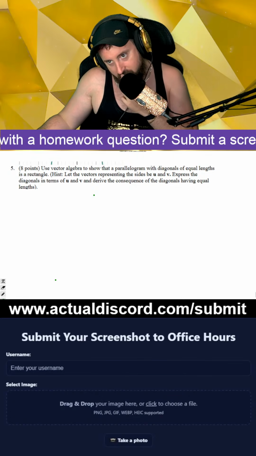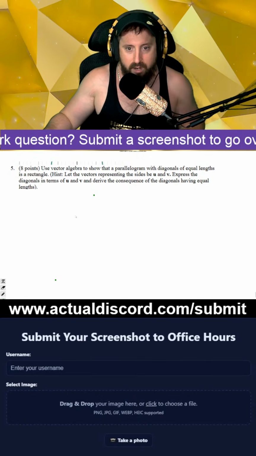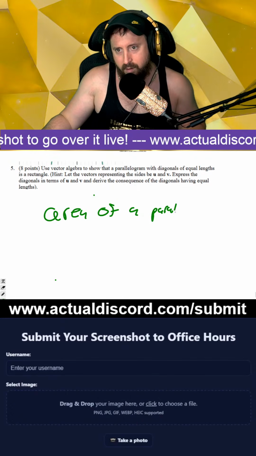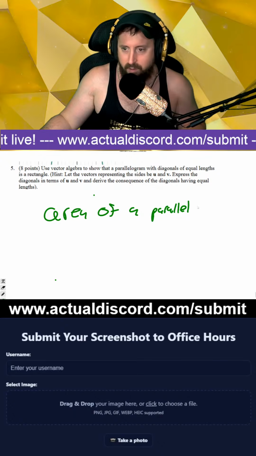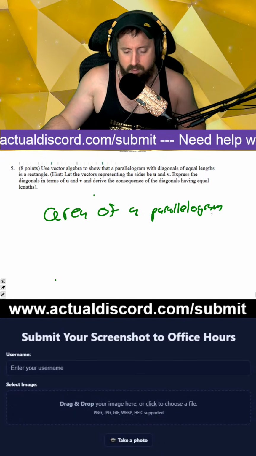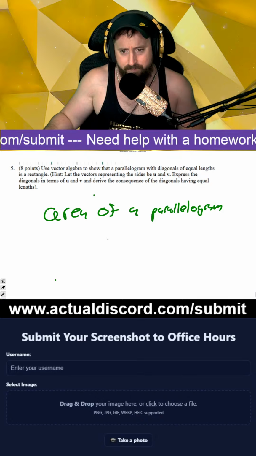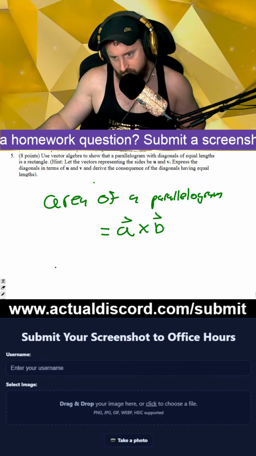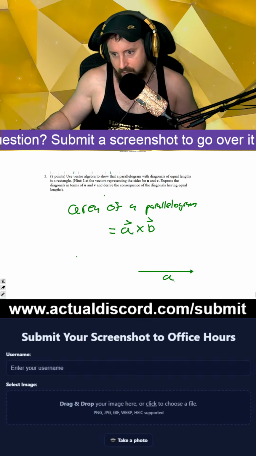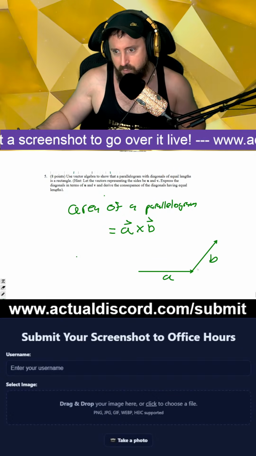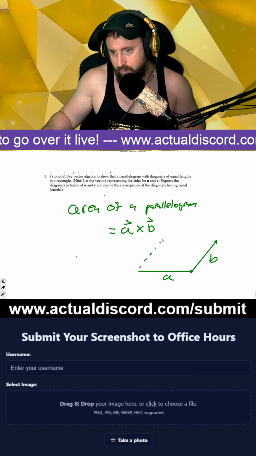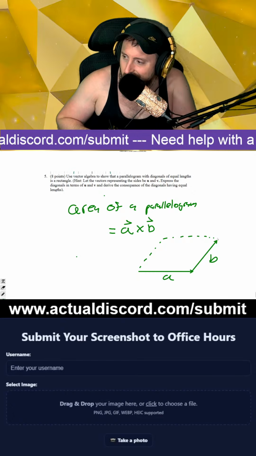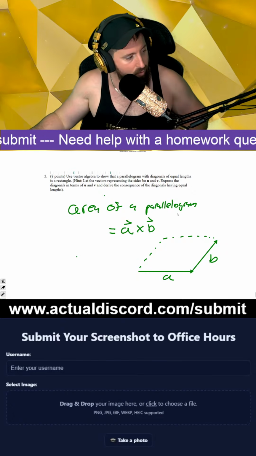All right. Well, I know the area, right? So, area of a parallelogram, right? Isn't that equal to A cross B? Is that right? If this is like A and then this is B, you can think about this. Or am I thinking the volume? I think that's how that works.